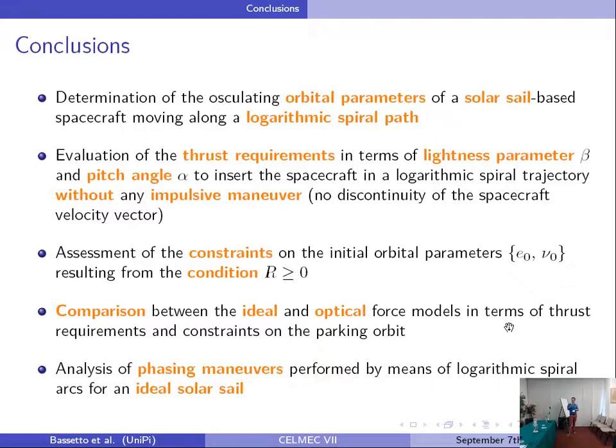Then, of course, we estimated the constraints on the initial orbital parameters in terms of the initial eccentricity and the true anomaly in order to satisfy the condition that the solar sail can provide a negative radial propulsive acceleration. And then the results for an ideal solar sail have been applied to the analysis of a phasing maneuver. Thank you, and I'm glad to answer your questions.